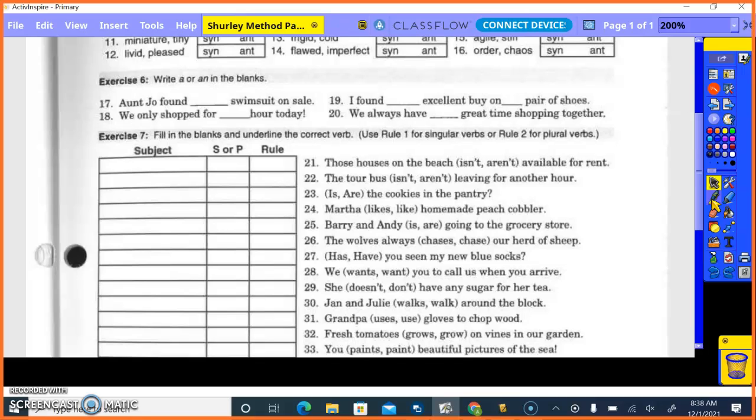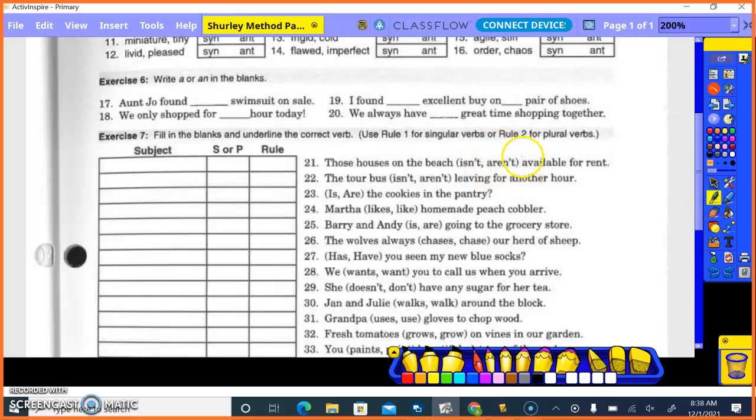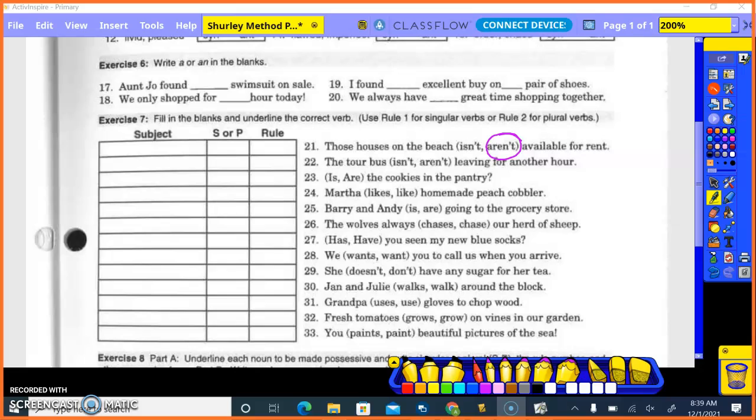So those houses on the beach aren't available for rent.